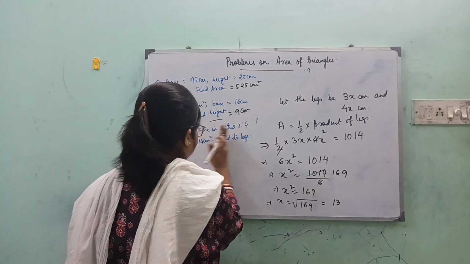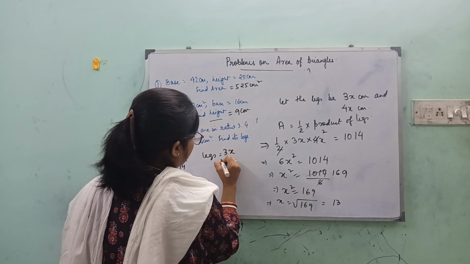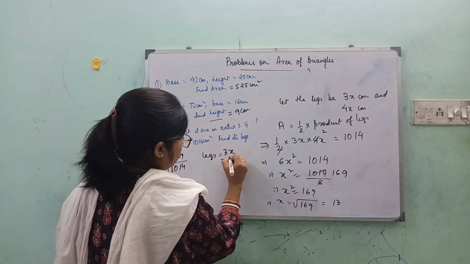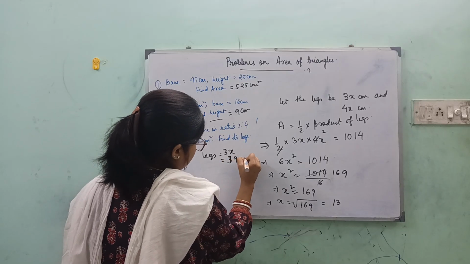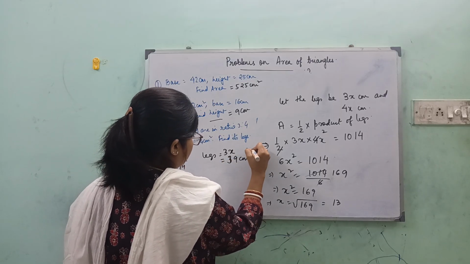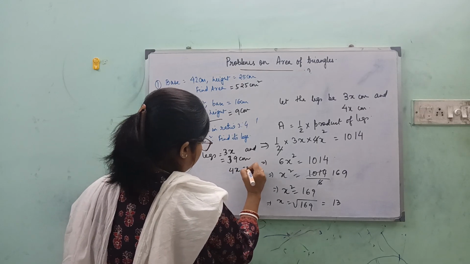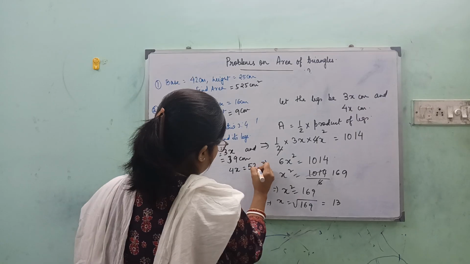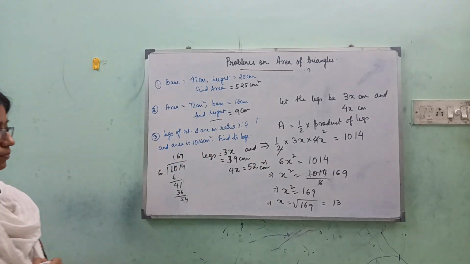So legs will be 3x, that is equal to 39 centimeter, and 4x, that is equal to 4 into 13, that is your 52 centimeter.